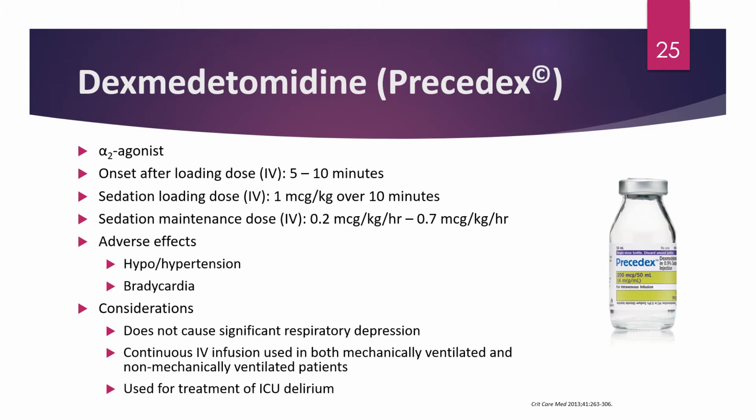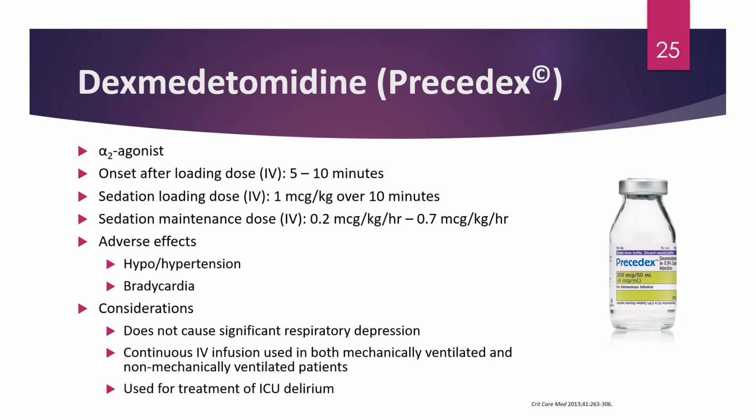So what can happen acutely is as you give that bolus dose, you might become acutely hypertensive for a little while after that bolus dose is given as a compensatory mechanism. And then that blood pressure will probably go a little bit lower because of the alpha-2 agonism that can occur. That is obviously similar to clonidine. You also have bradycardia related to this agent, so it's very important to watch the heart rate in these patients.